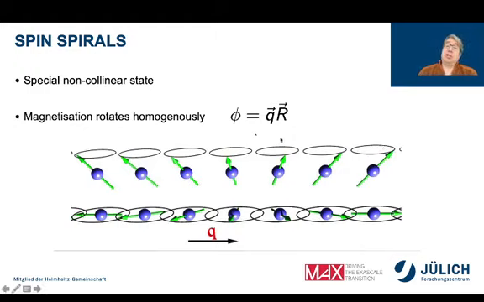So essentially what you have is some rotation angle here, which is given by some q vector times the position of the atoms. Right? So what then happens is, depending on how the rotation actually works, you can have such a cone here, or you can have such a flat spiral as shown here.